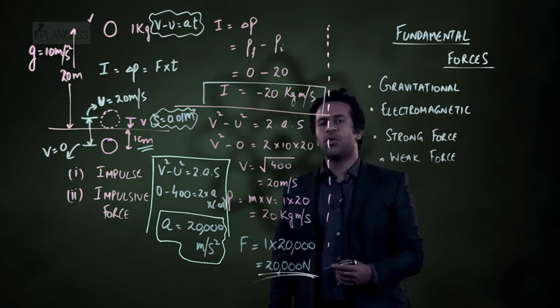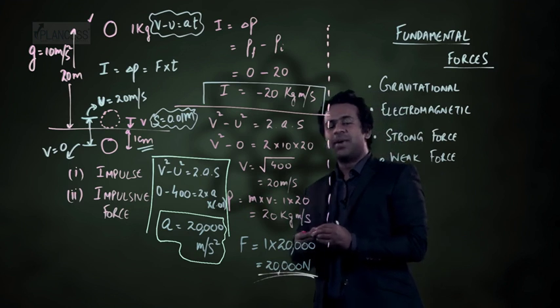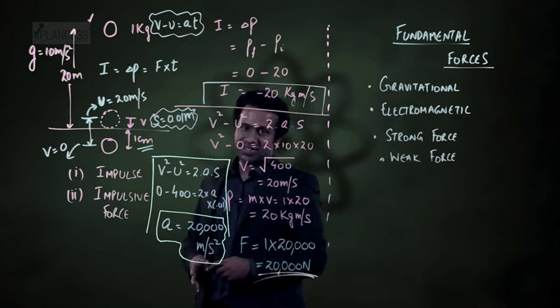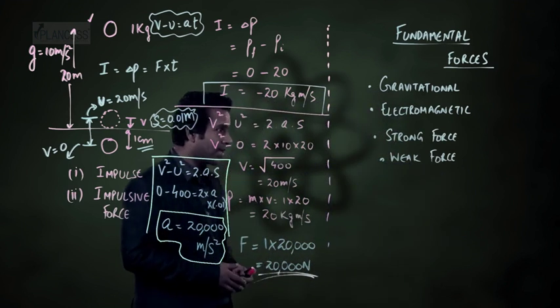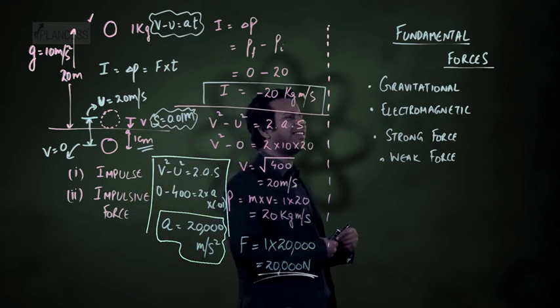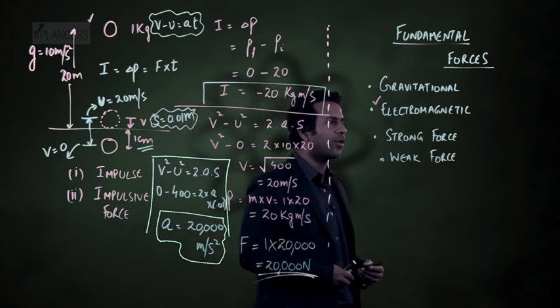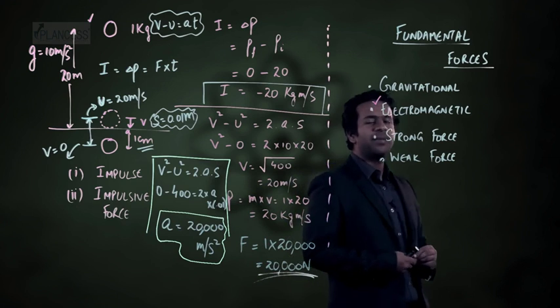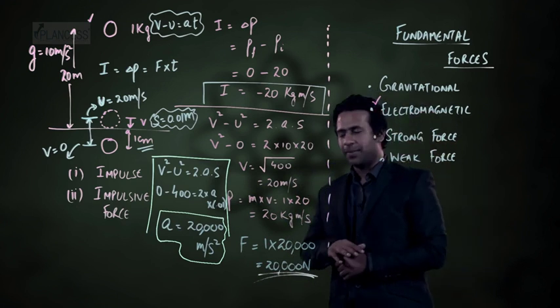All the other forces that you usually see are basically one of these forces acting in a different form. And the most common force that we see is basically electromagnetic force. So let me explain each of these briefly.